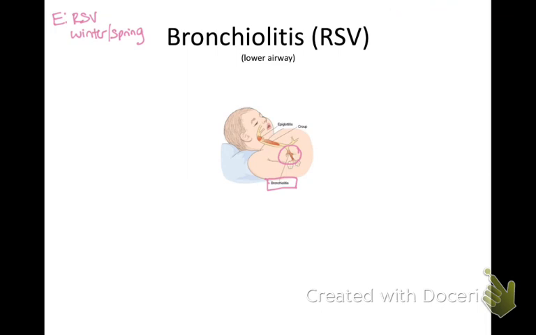And basically what happens is the epithelial cells that line the respiratory tract get swollen and they shed. And then the mucosa gets swollen. So you have a swollen mucosa, you have all these epithelial cells that are getting swollen and shedding, and then you have mucus and exudate, and that's what causes the obstruction.